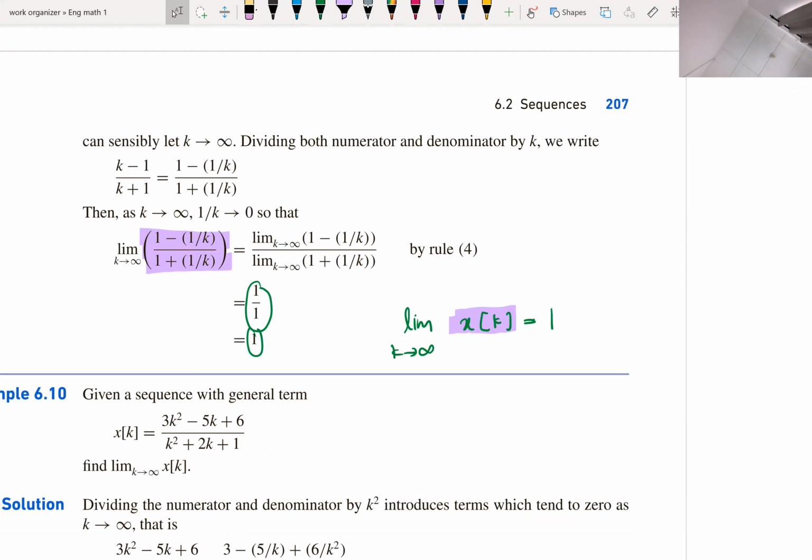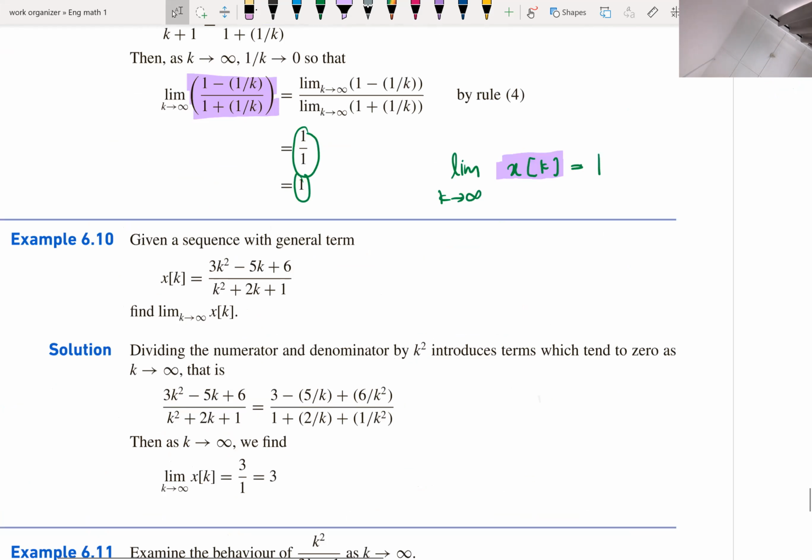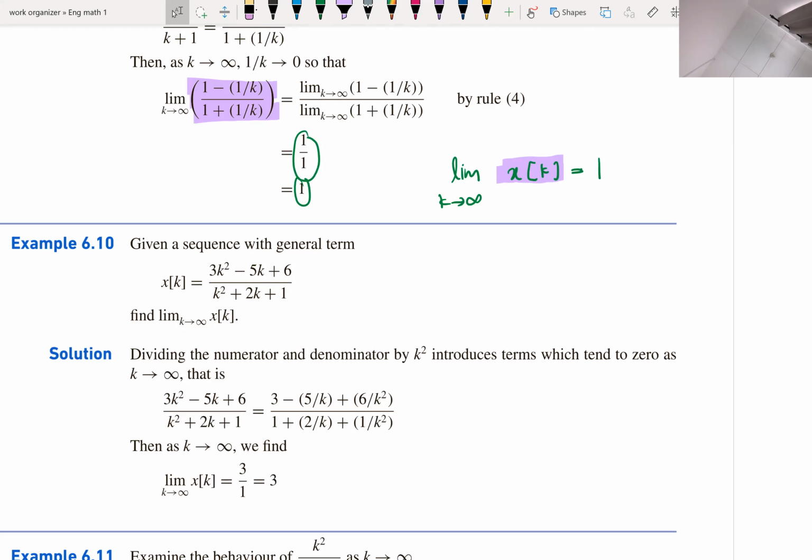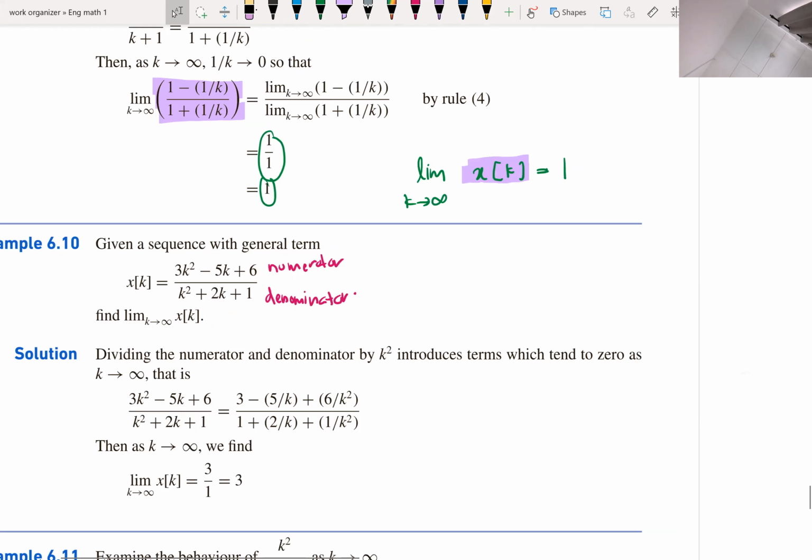Next we see example 6.10. This is again in terms of a fraction, with a numerator and a denominator. You do it beside this one.